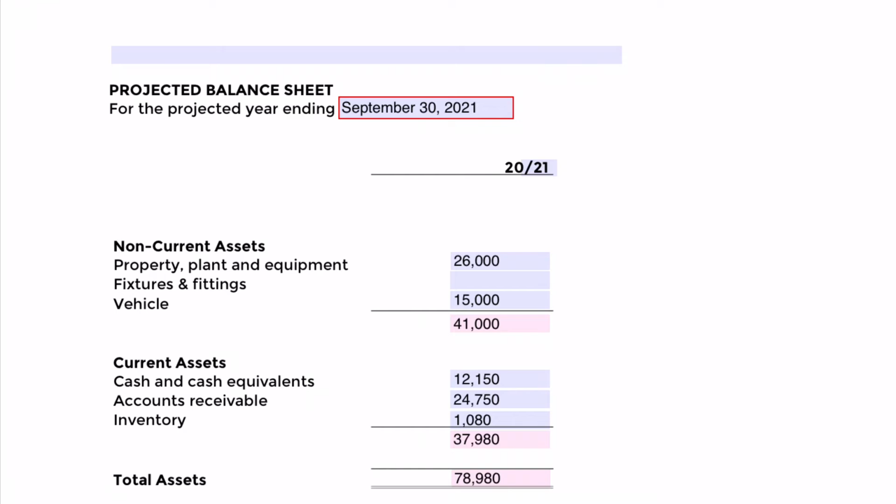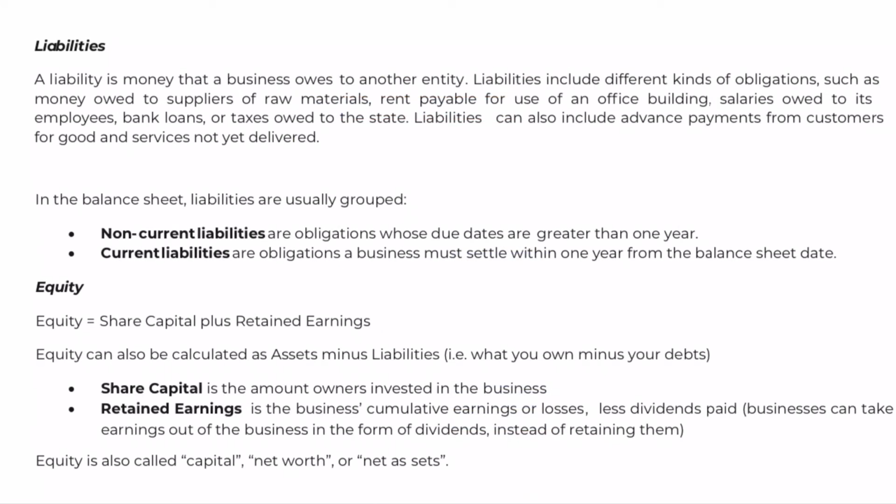Current liabilities, on the other hand, are debts that would be resolved or repaid within a year.